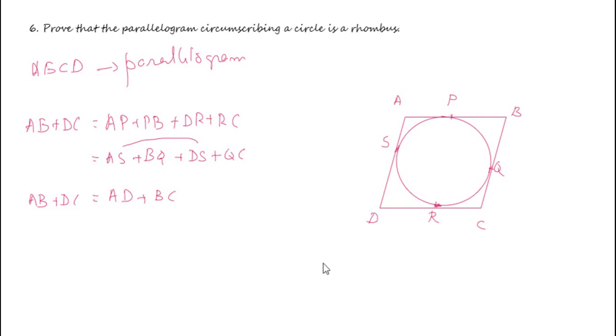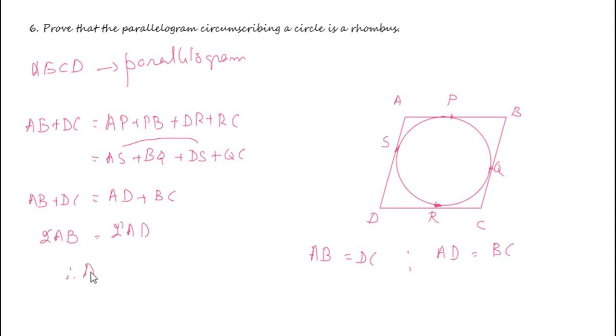Now in a parallelogram, opposite sides are equal, that is AB equal to DC and AD equal to BC. Now AB equal to DC, so AB plus DC I'll write as 2AB equal to AD plus BC, I'll replace with AD, that is 2AD, 2 cancel.